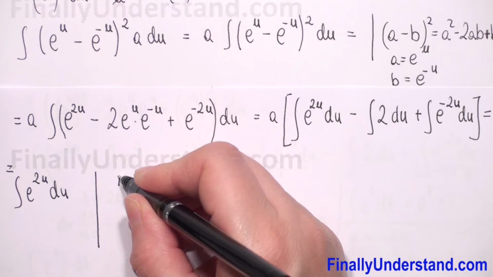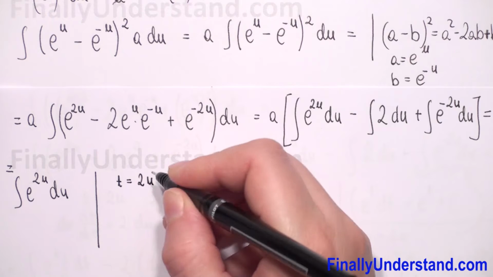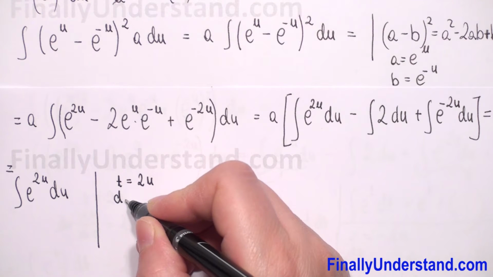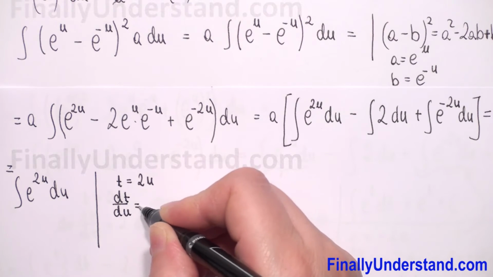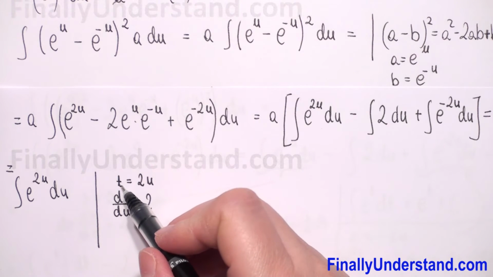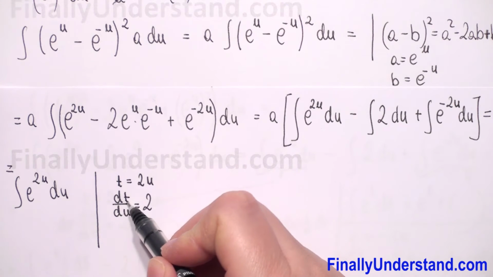Let t be equal to 2u. So now we have to find the derivative of both sides with respect to u. dt over du is equal to 2, because we substitute 2u by t, so we need to find dt.